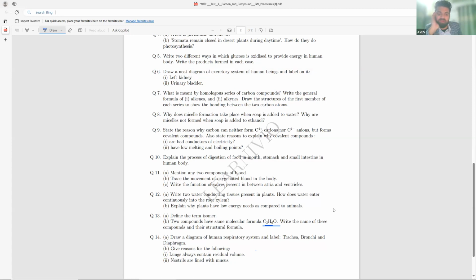Can you tell me why lungs contain residual volume? Lungs always contain residual volume. What is residual volume? Can anybody in the class tell me? Residual volume is the air that remains even after forceful expiration.